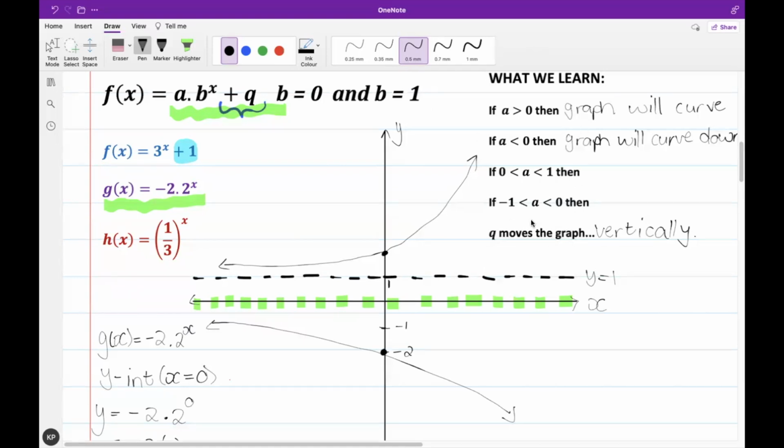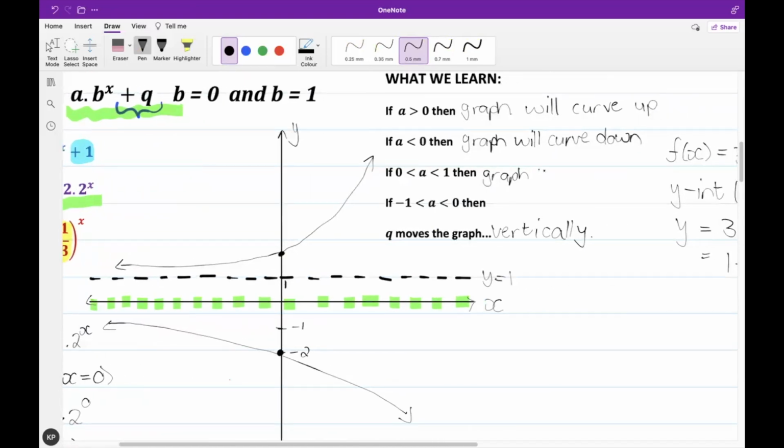All right. Now, if A is between 0 and 1, which means it's a fraction, that's what we have here with h of x. Do you see that? 1/3 is between 0 and 1. The graph will still curve up, but something else happens with it. It will curve up, but it is reflected on the y-axis.